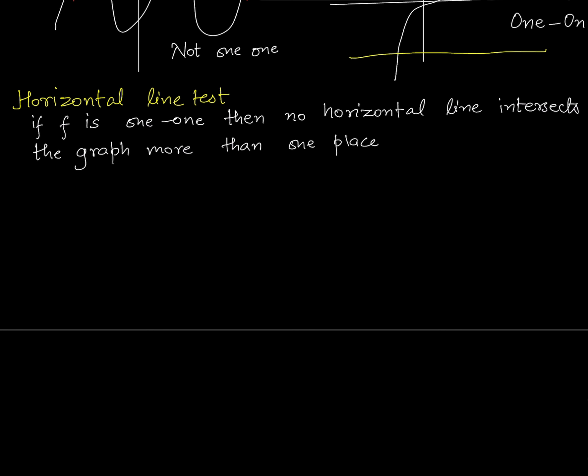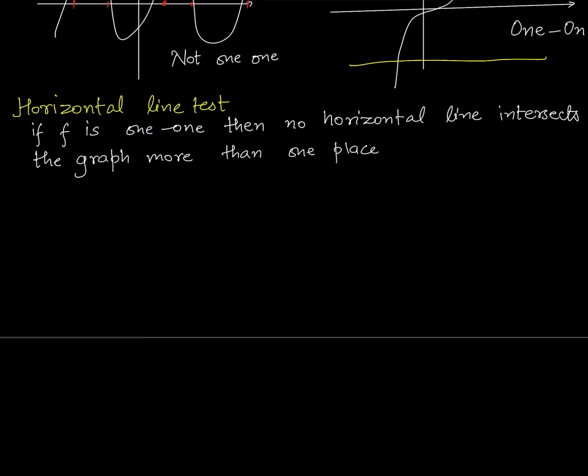So let's say if we want to check if the function f(x) equals 3x plus 2 is a 1-1 function or not. So the procedure is always the same. You will start by taking f of a equals f of b, means you are taking your outputs to be same.